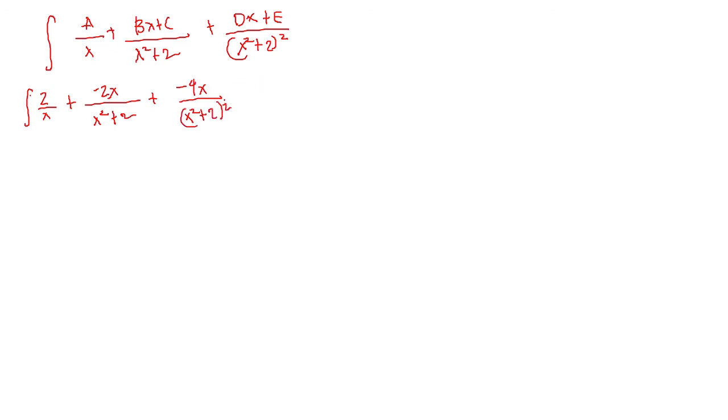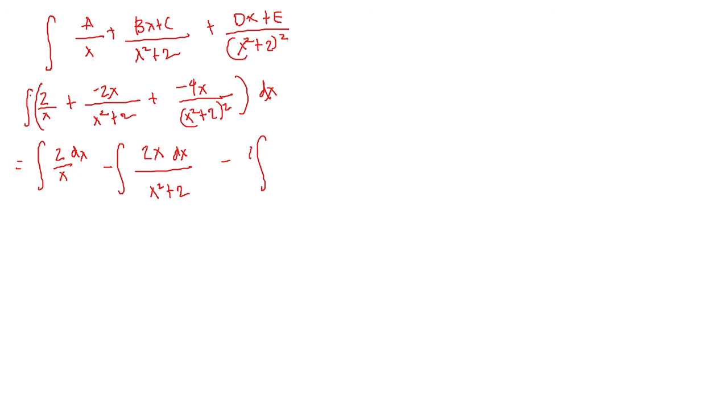Yes, so that's okay. Now integrating: that's 2 over x dx minus 2x dx over x squared plus 2, minus 4x dx over x squared plus 2 squared.